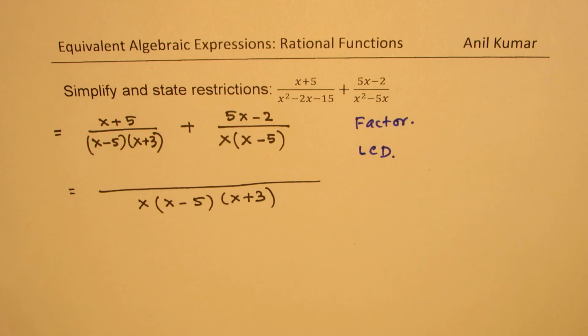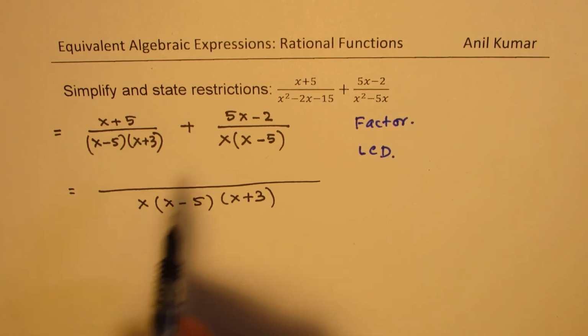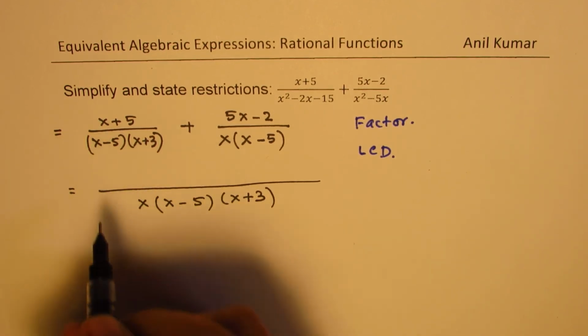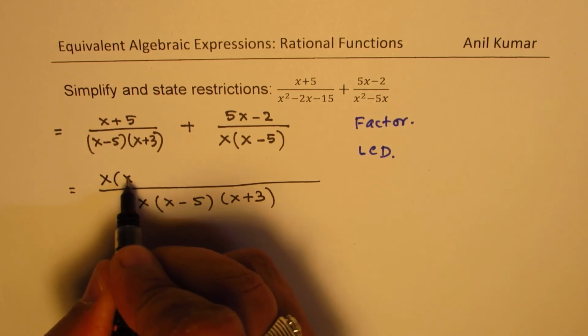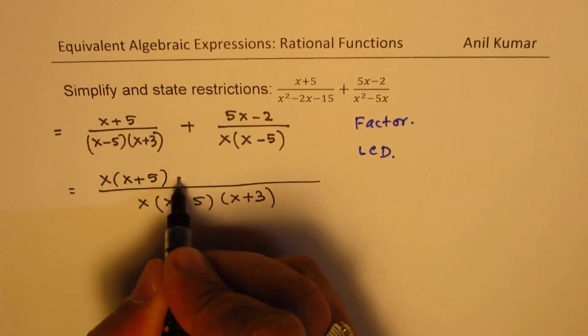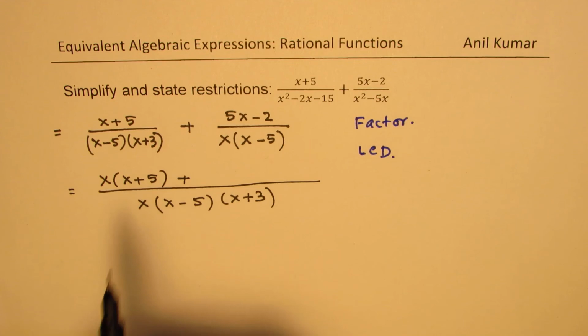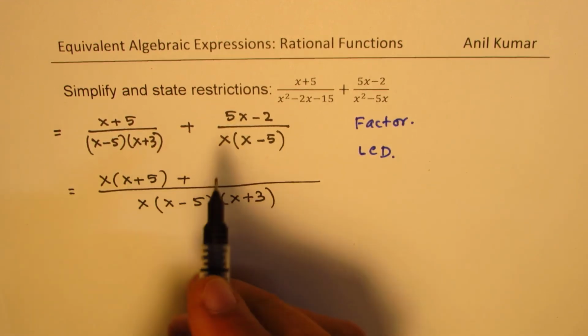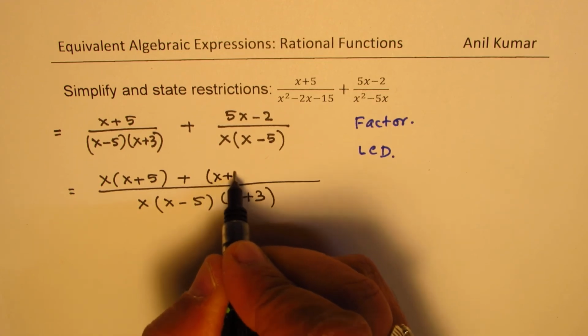So that will become the lowest common denominator. Now in the first term, in the denominator, x is missing. So we'll multiply the numerator by x. So we get x times x plus 5, right? Plus. In the second term, the factor x plus 3 is missing. So we are going to multiply that by x plus 3.